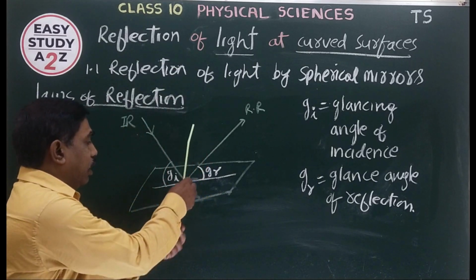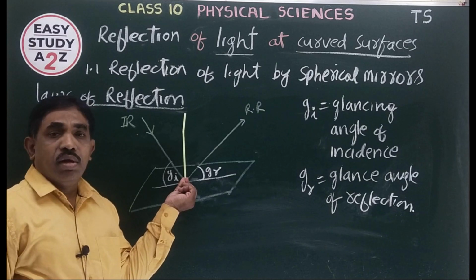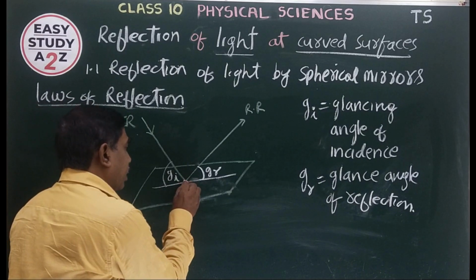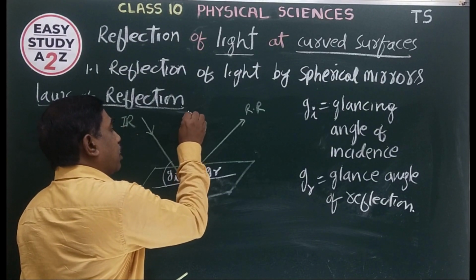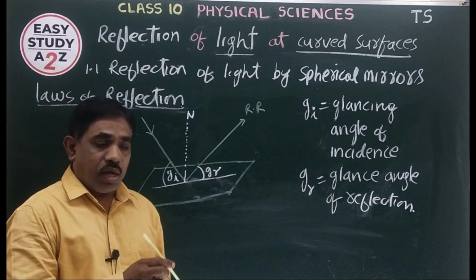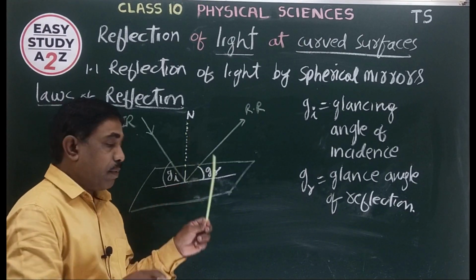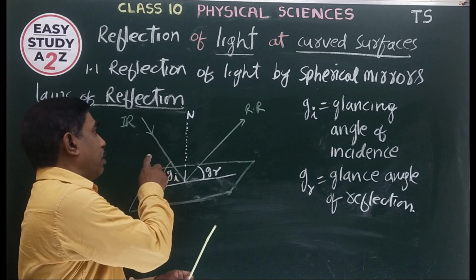So we draw the normal here. A normal is a perpendicular line drawn on the surface of the mirror at the point of contact between the incident ray and the reflected ray. I draw it like this because it is an imaginary line.